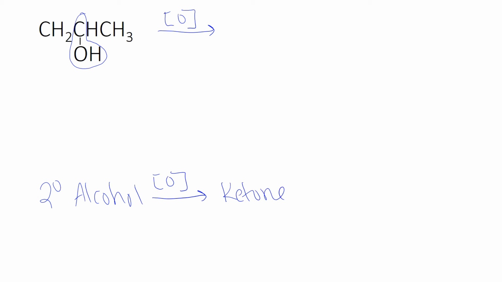So we will break that carbon-hydrogen bond and we will form a second carbon-oxygen bond. So the resulting ketone looks like this. Okay, so notice that I've lost my carbon-hydrogen bond and I have formed a second carbon-oxygen bond. This cannot oxidize further. And the reason it cannot oxidize further is because I don't have any more carbon-hydrogen bonds to break.